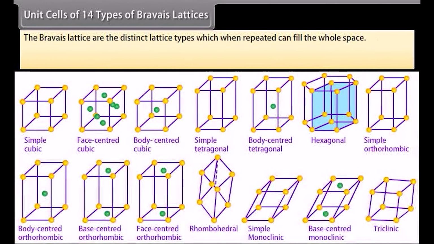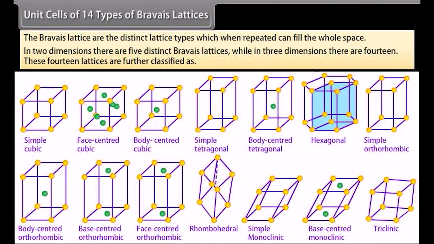The Bravais lattices are the distinct lattice types which, when repeated, can fill the whole space. In 2 dimensions, there are 5 distinct Bravais lattices, while in 3 dimensions, there are 14. These 14 lattices are further classified as number of atoms in a unit cell.